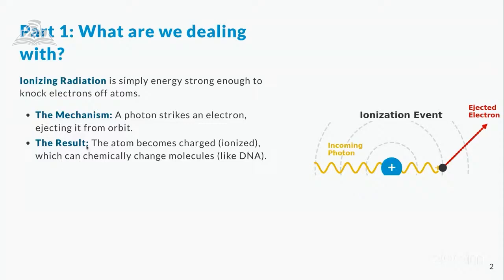This mechanism is able to charge an atom, which can lead to changing the polarity of molecules like DNA, and that would lead to damage in the DNA. We will walk through some of the main branches of damage to the DNA, but this is the main idea. It's strong enough to lead to a change of charge in the chemical environment, which then leads to a chemical change, and we interrupt that. We take that as damage because it's not something the cell is programmed to do.